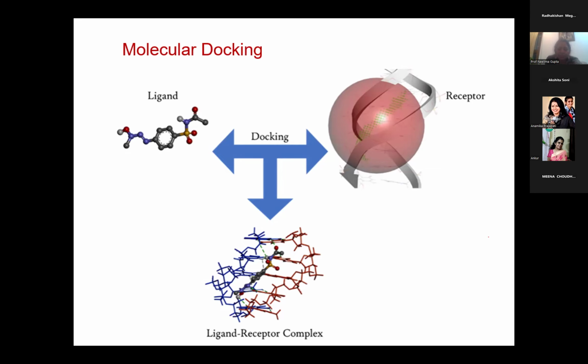So your computational tool or the program will fit that ligand molecule in a certain pocket of the biomolecule and bring the system to a lower energy state.